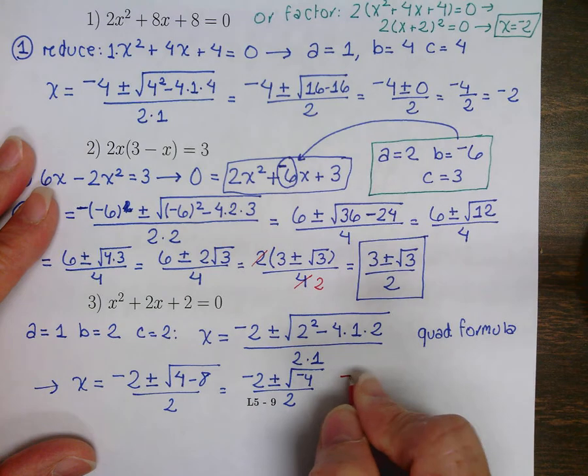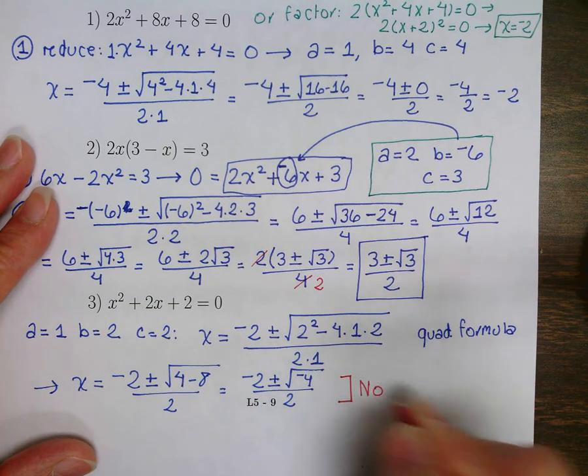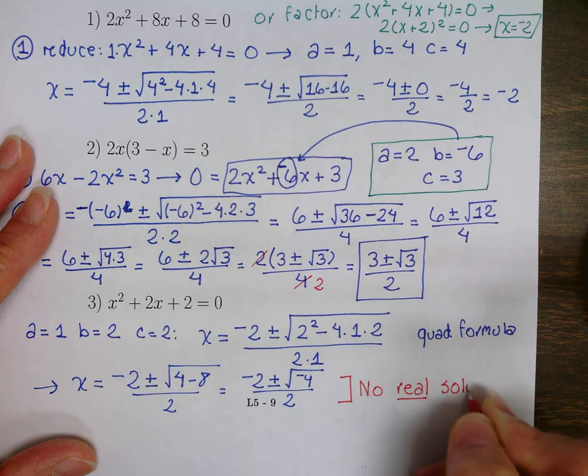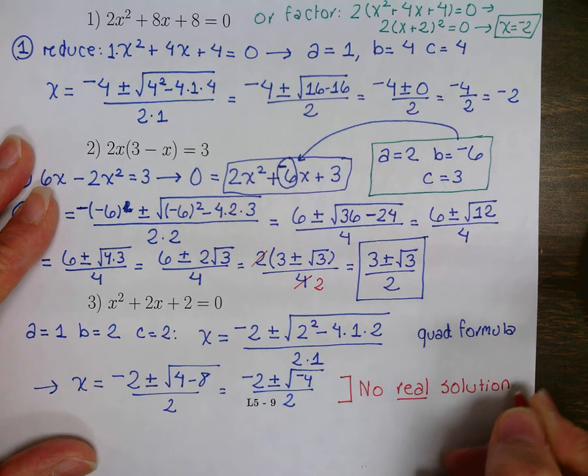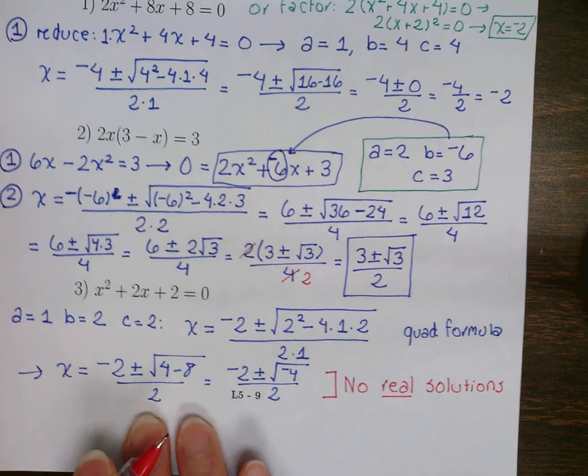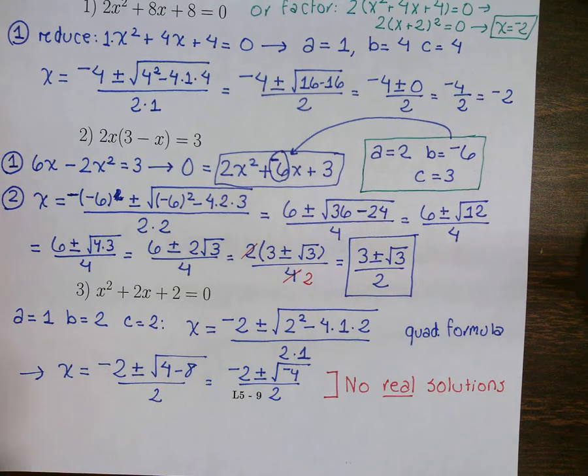And so we say that this equation has no real solutions. Now, we will see later on when we talk about complex numbers that it has a complex number solution, but in the real number system, no solutions.